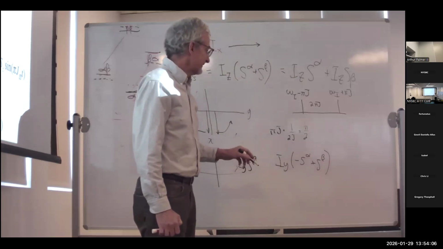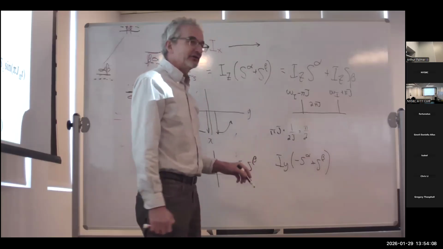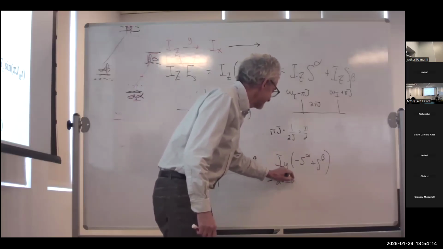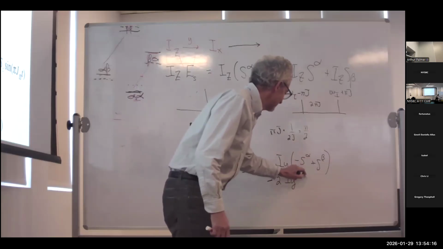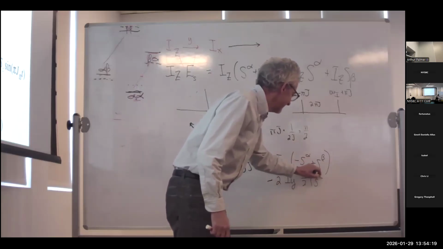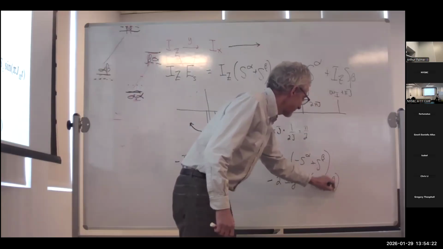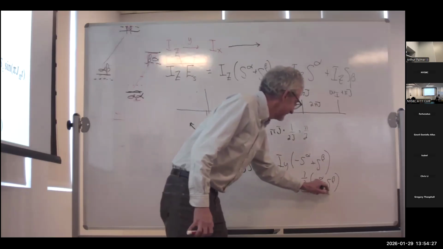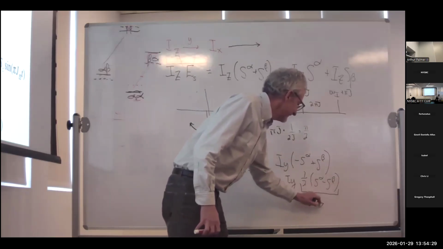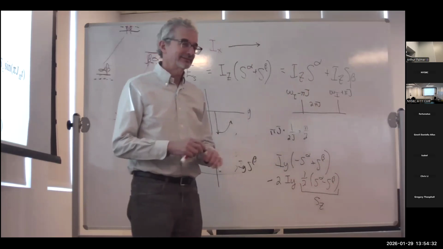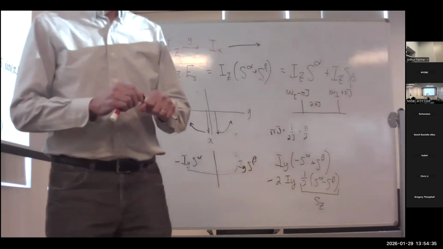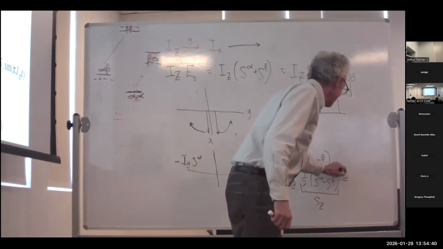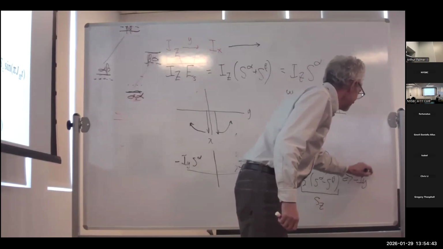And I'm going to factor out a minus 2 and have minus 2 Iy 1/2 S alpha minus S beta. And I'm going to call this SZ. So I've created a new state, minus 2 Iy SZ.